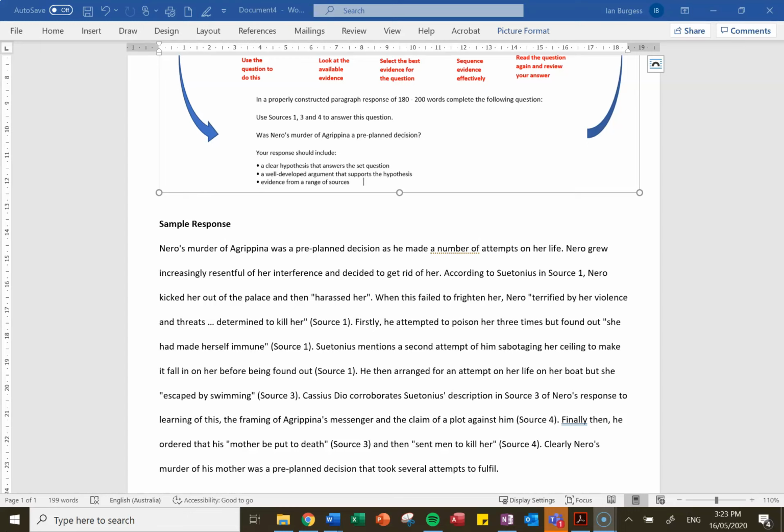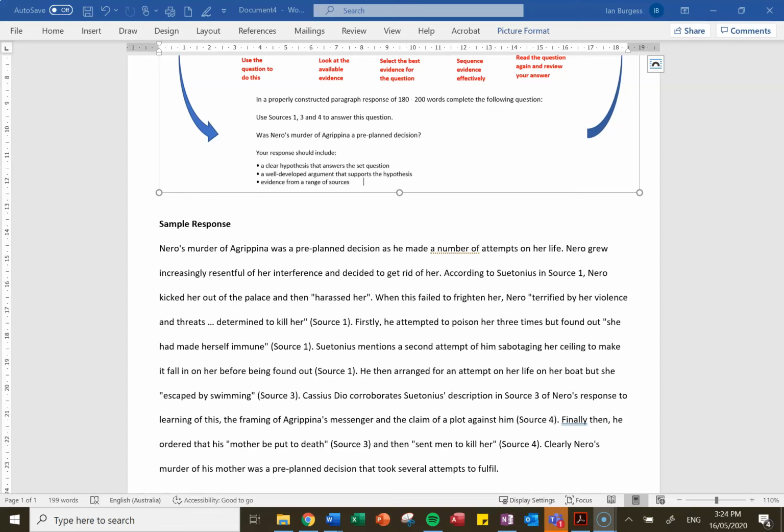So he did this with a view that basically he could sort of intimidate her or frighten her into not interfering with him or interfering with what he was doing much less than what she currently was. However, when this failed to frighten her, Nero, terrified by her violence and threats, determined to kill her.